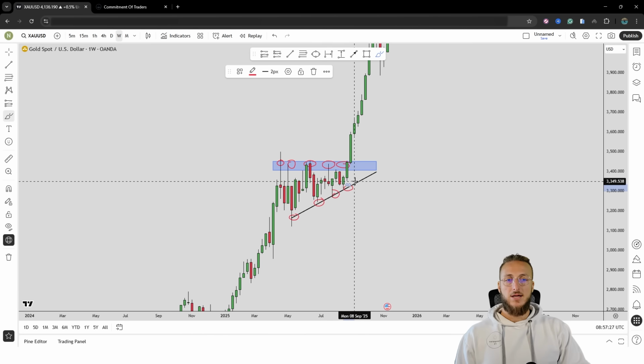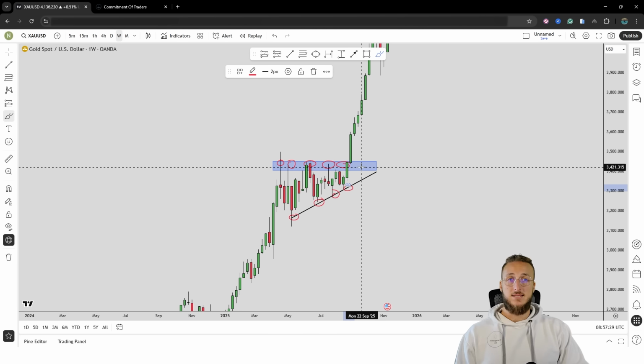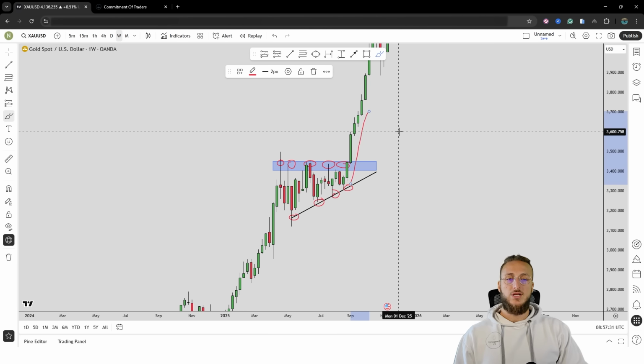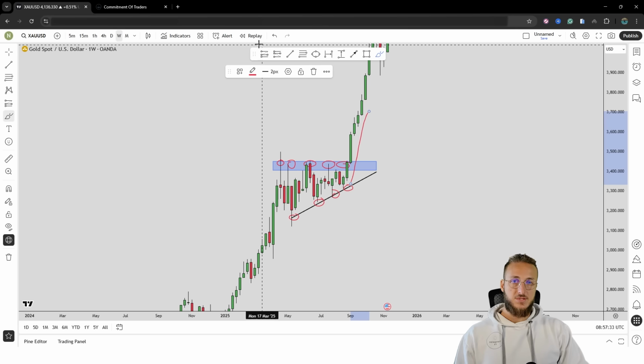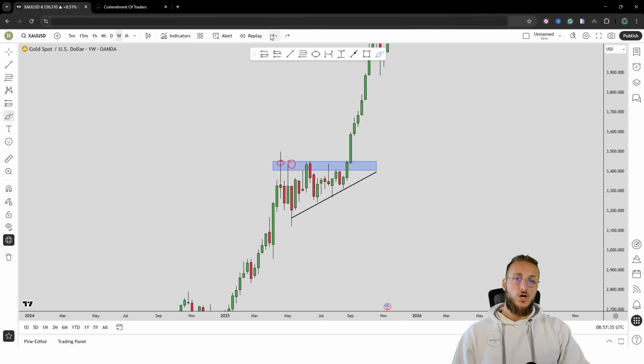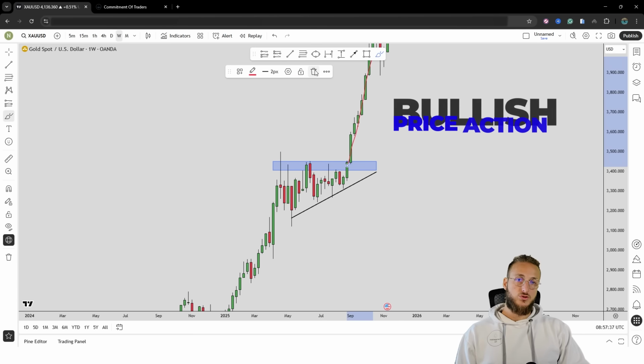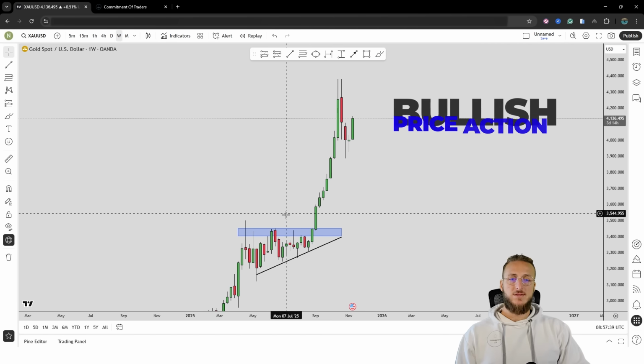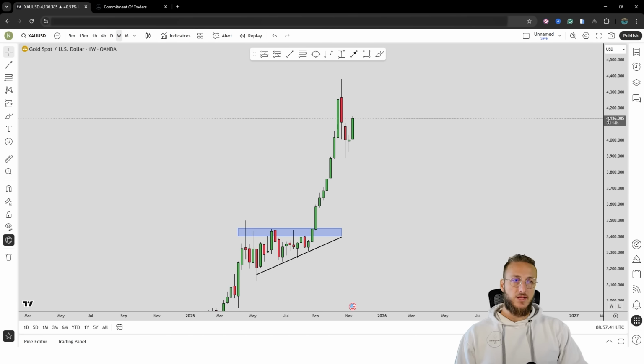When you see higher lows and equal highs at the same time, at some point you usually expect a breakout to the upside, and when that breakout happens, you usually see a massive push to the upside, which is in fact exactly what we're seeing right now.